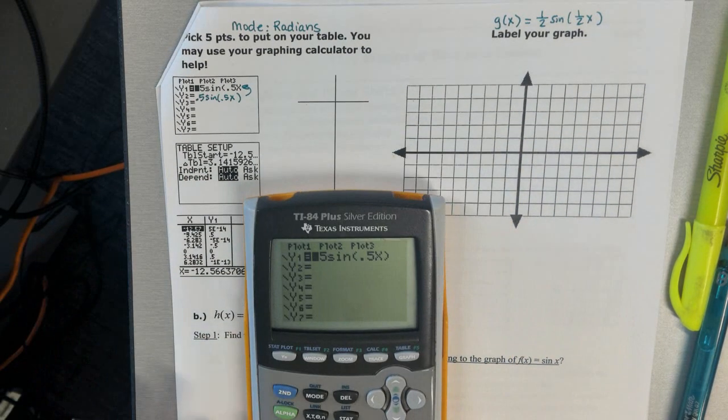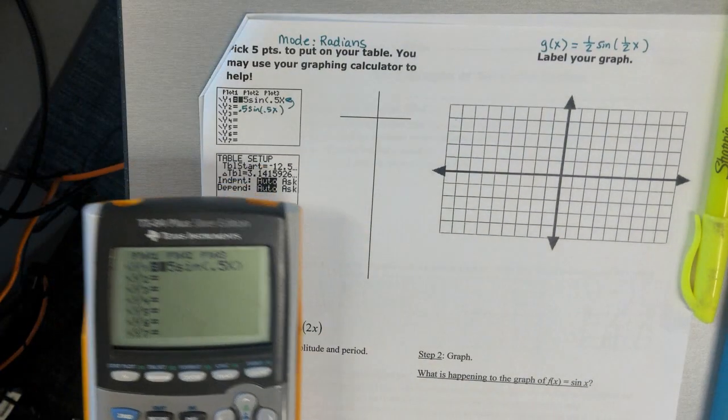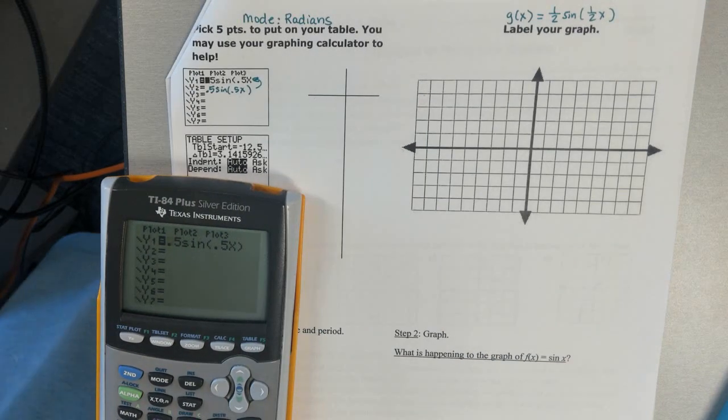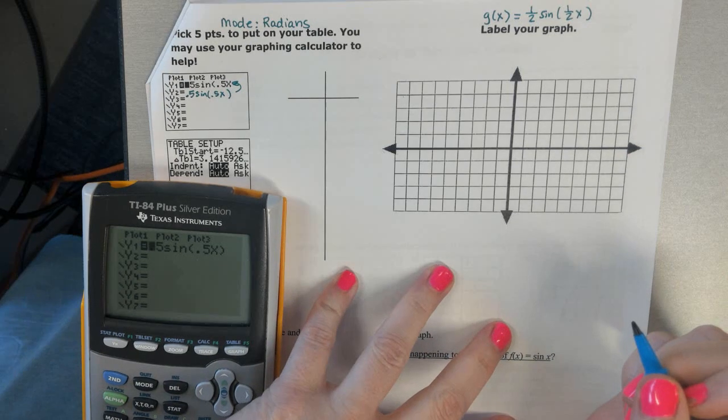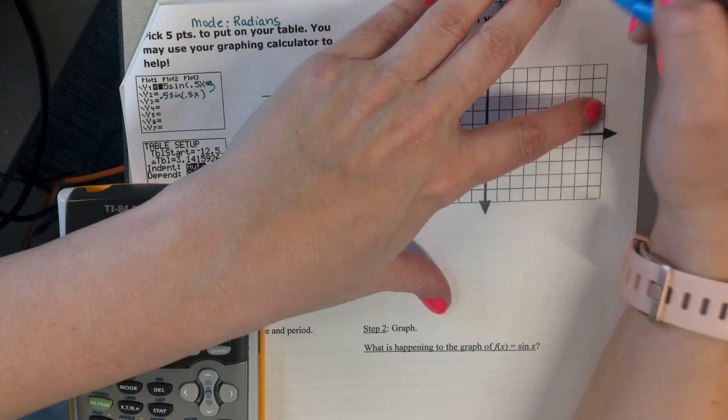Now, when you are labeling your graph, when you are setting this up, a really good scale to use is to take the period and divide by 4. When it says label your graph, what I mean is we're going to label our scale.